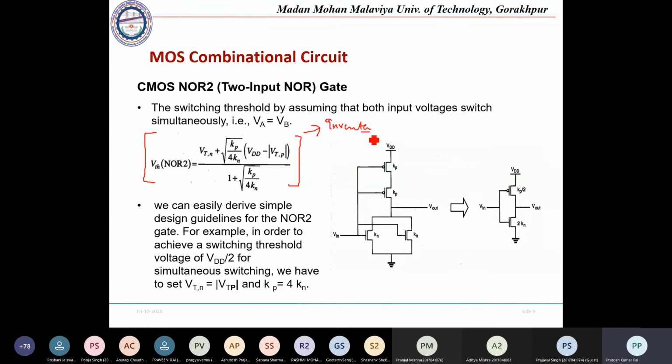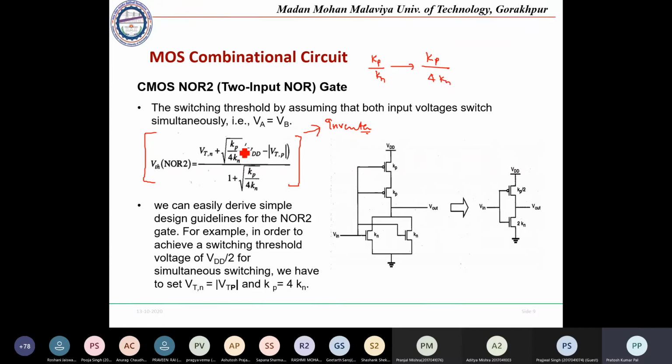This is coming out with respect to the formula derived for the inverter. In case of an inverter, we were having Kp divided by Kn. Instead of Kp and Kn, Kn has been replaced by 4Kn, so in case of an inverter it was Kp by Kn, and this has been replaced by Kp divided by 4Kn.